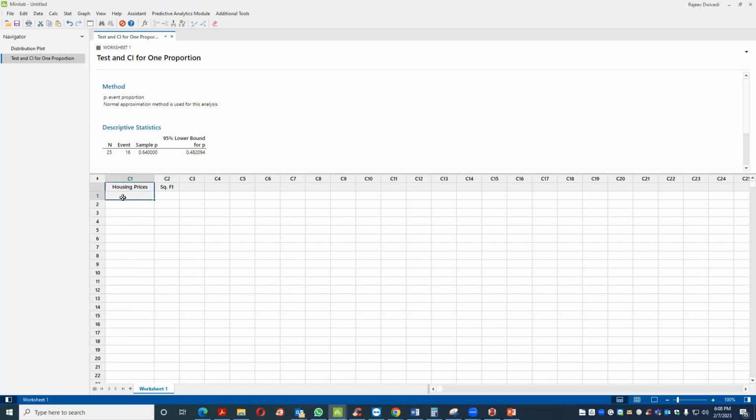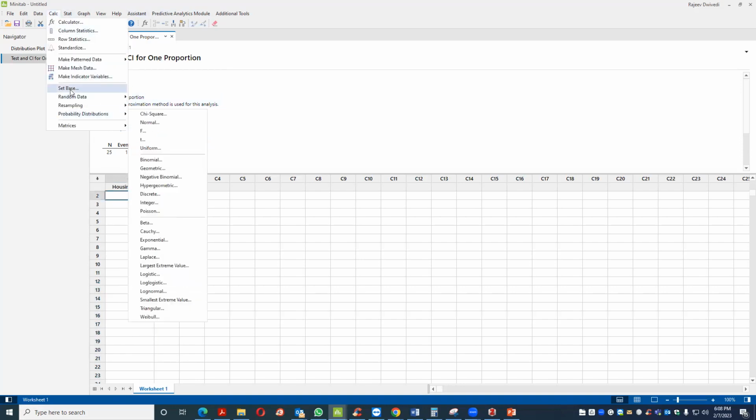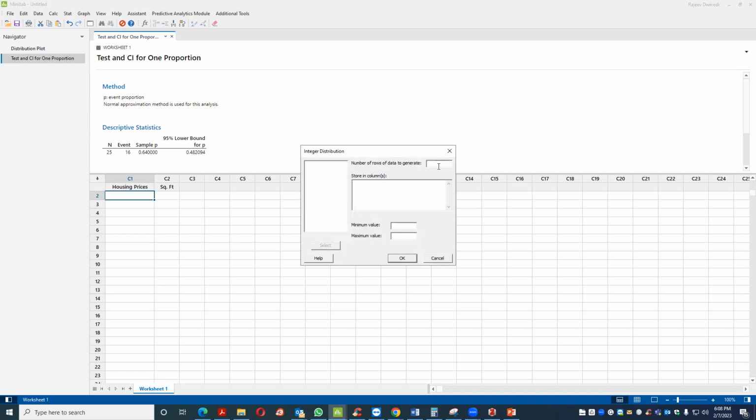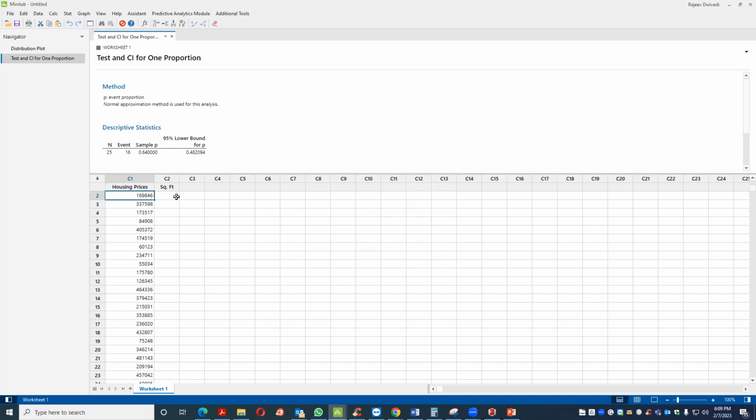Let's say I'm going to insert 50 house prices, random data, integer, only 50, and generate housing prices with minimum value 350,000 and maximum value 525,000.